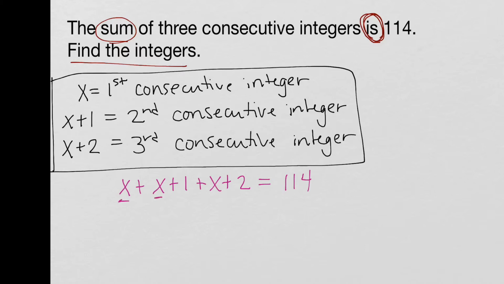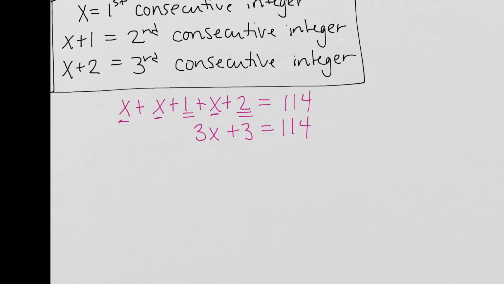So x plus x plus x is 3x. 1 plus 2 is 3. We will subtract 3 from each side. So 3x equals 111. We'll divide both sides by 3, so x is equal to 37.